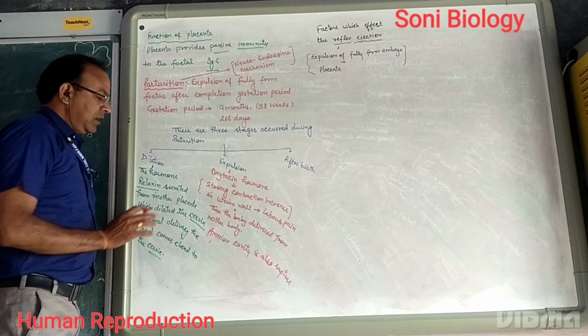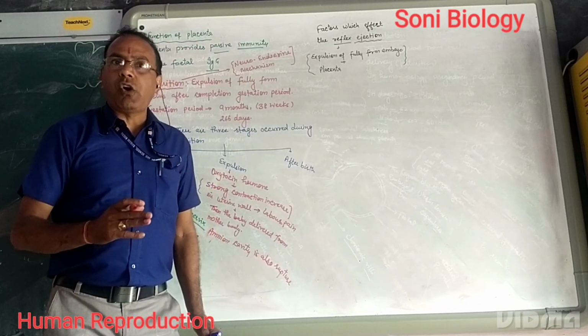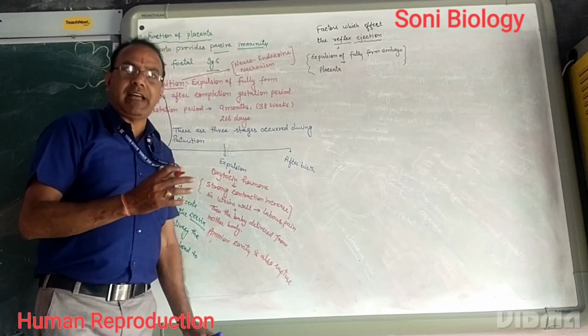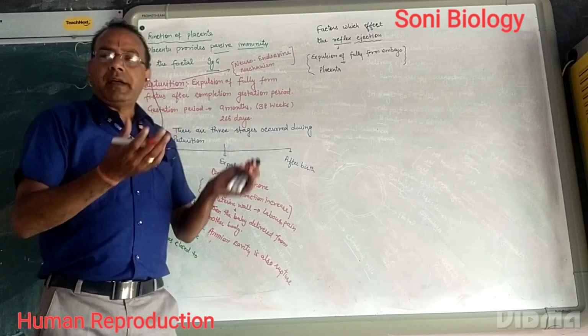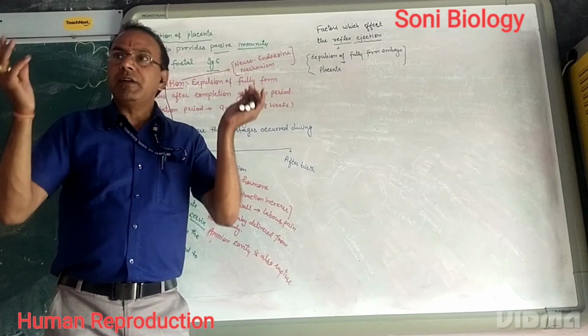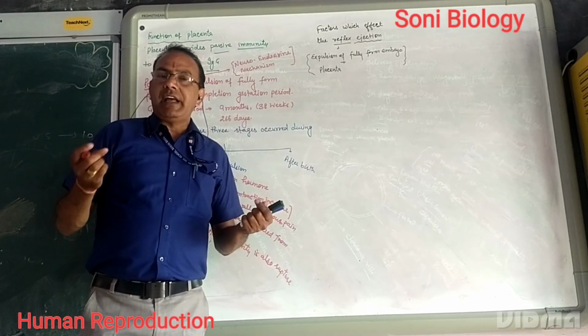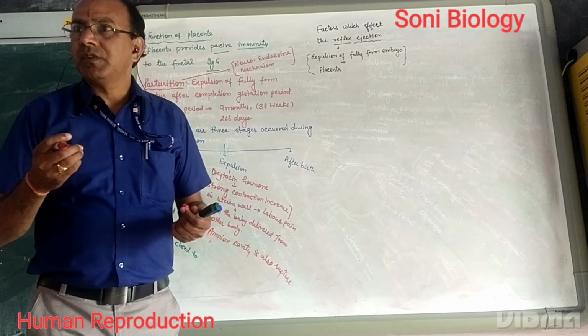After the delivery, the placenta, or we can say the chorionic villi, is cut. As the chorionic villi are cut, the baby starts breathing in the environmental condition, so the lungs expand. As the lungs expand, there may be pain in the chest, along with blood circulation.